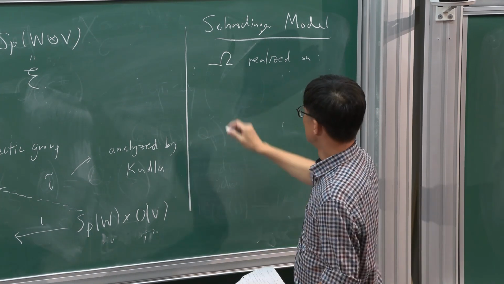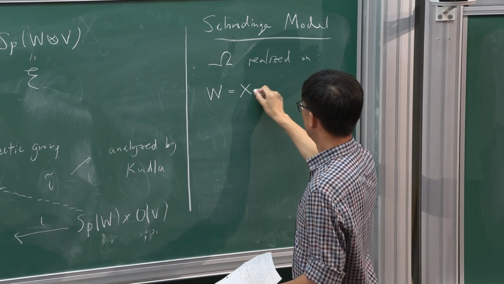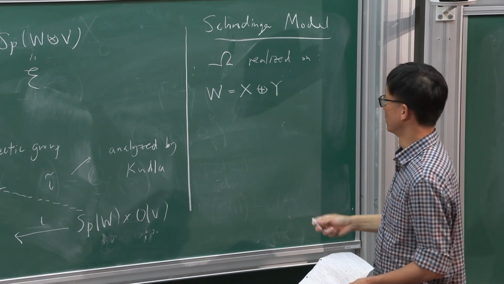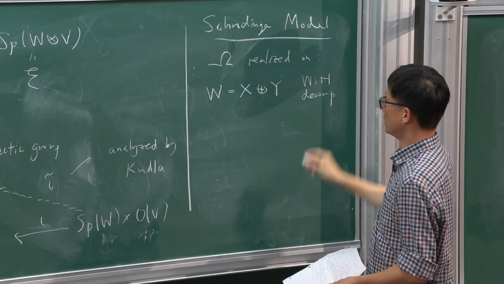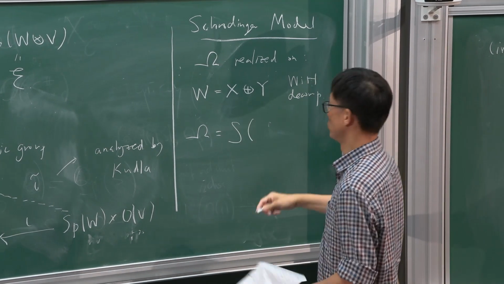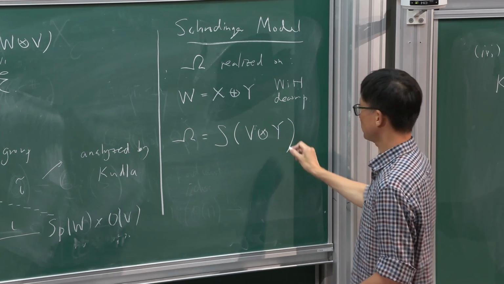Namely, you take your symplectic space W and write it as a direct sum of two maximal isotropic subspaces. This is a polarization decomposition. And then you can realize these Schwartz functions on V tensor, say, Y.